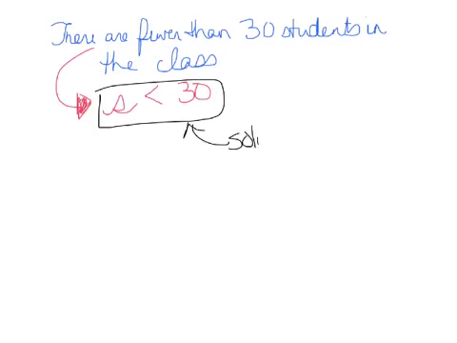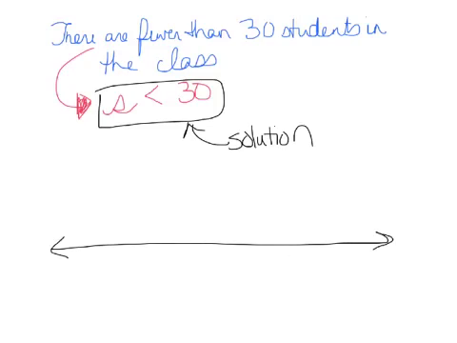If I wanted to show this graphically, I'm going to show this on a number line. So I would plot a 30 on the number line, and I would have 31, 32, and I would show 29, 28 on the number line.